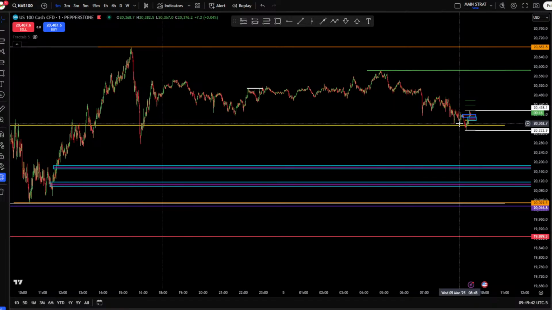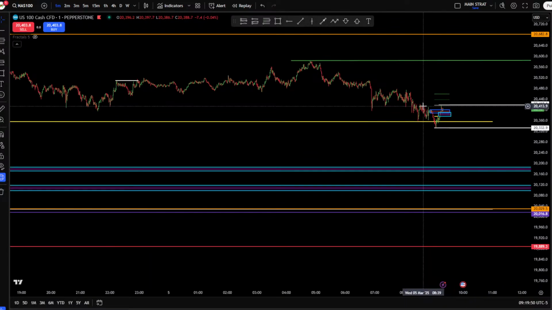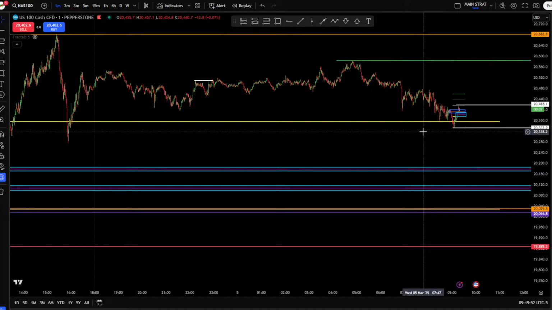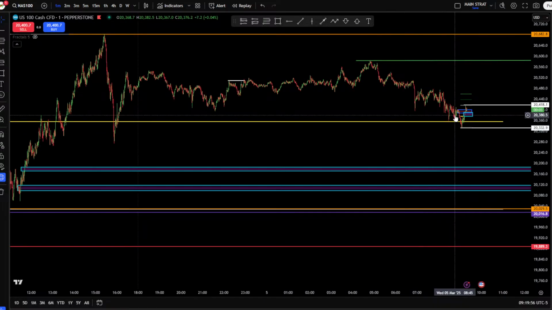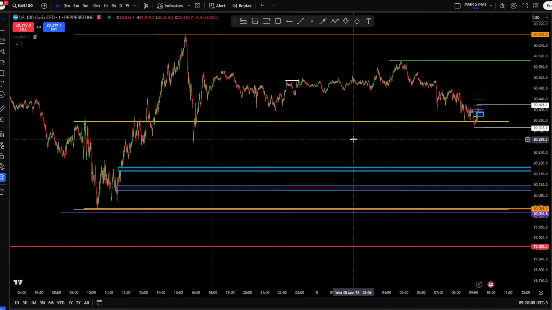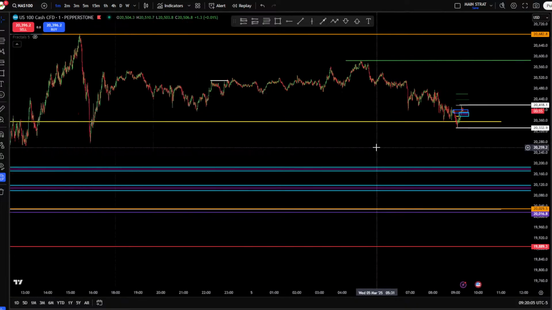The probability of that structure shift and the retest, or the pullback trade, your odds go down a little bit because of it touching that equilibrium of the higher time frame range here.